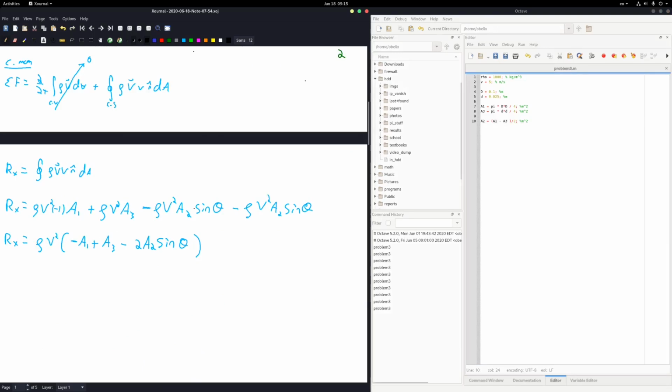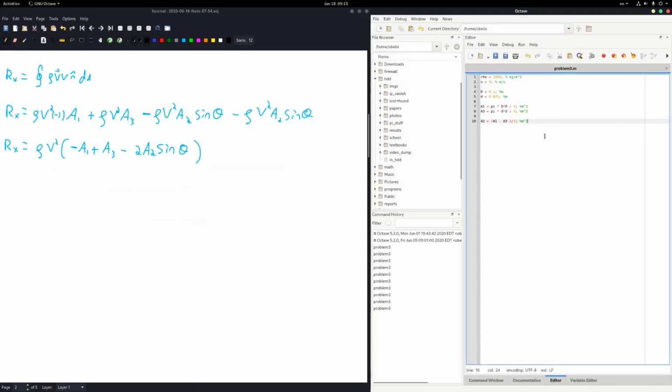We seem good to go to write down the final equation here, which is Rx equal to rho times V times, and then we have minus A1 plus A3, 2 times A2 times sine of theta.